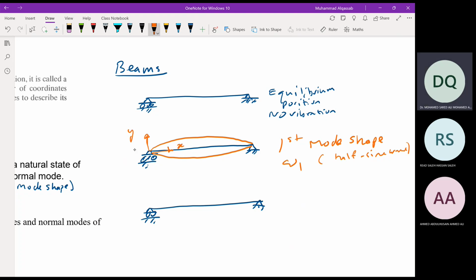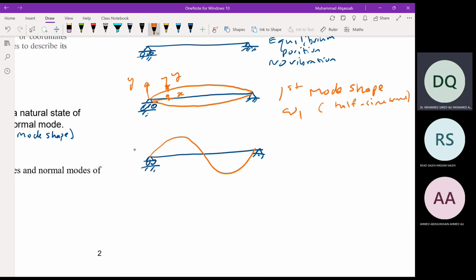So this value of y is dependent on x. The second mode, we will have a complete sine wave, either this way or this way.